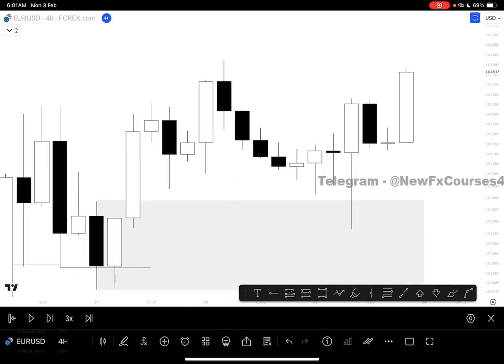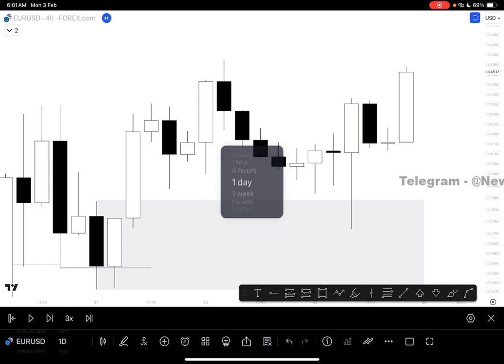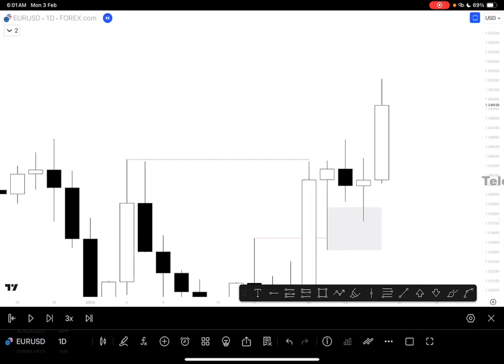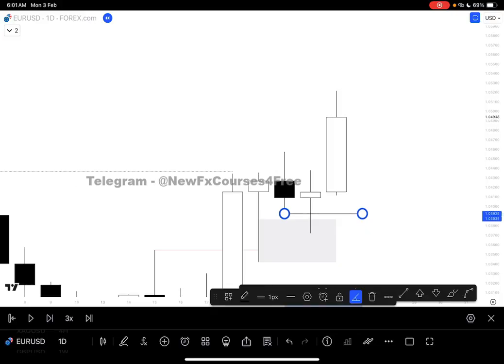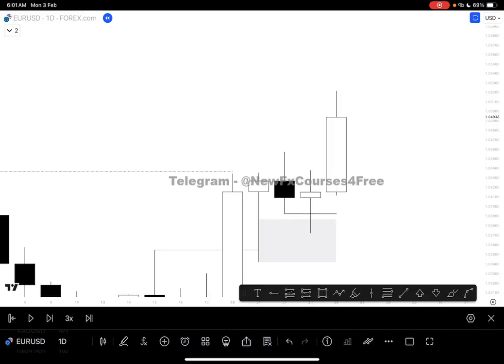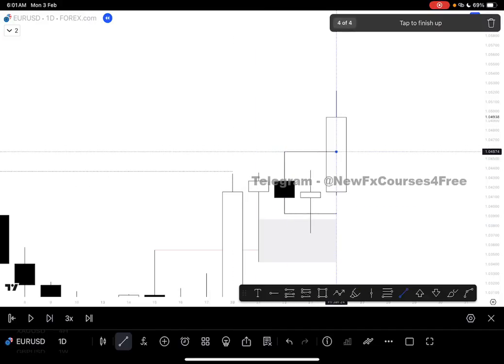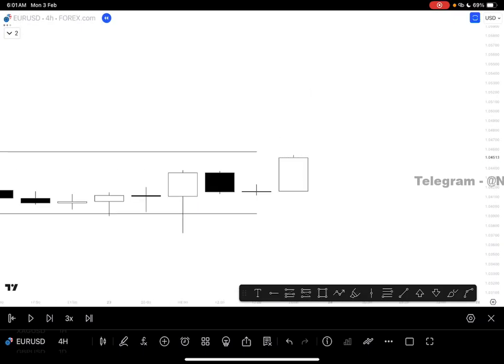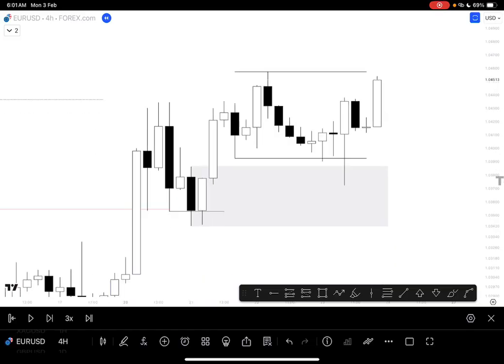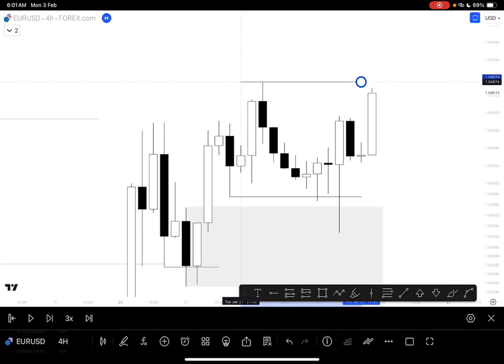So here on the 4-hour time frame, let me mark the CRT high and CRT low. This was the low. And the high.